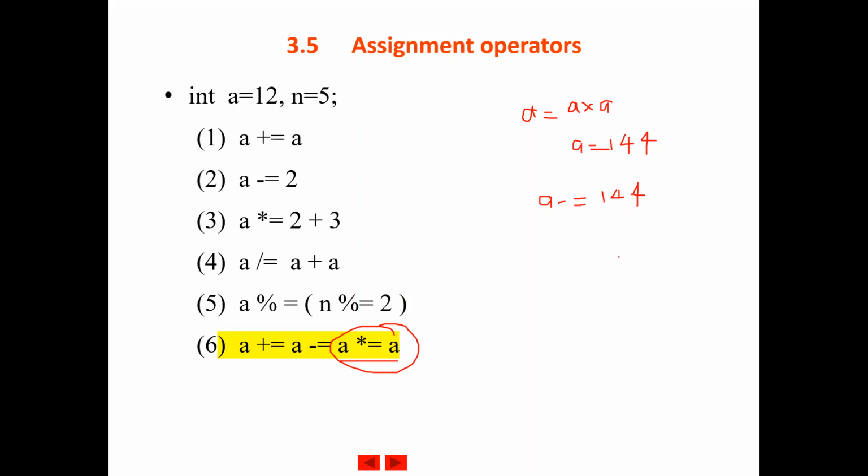So expand this and write what is A equal to: A minus 144, right? What is the value of A now? A value is 144, right? A value is 144.